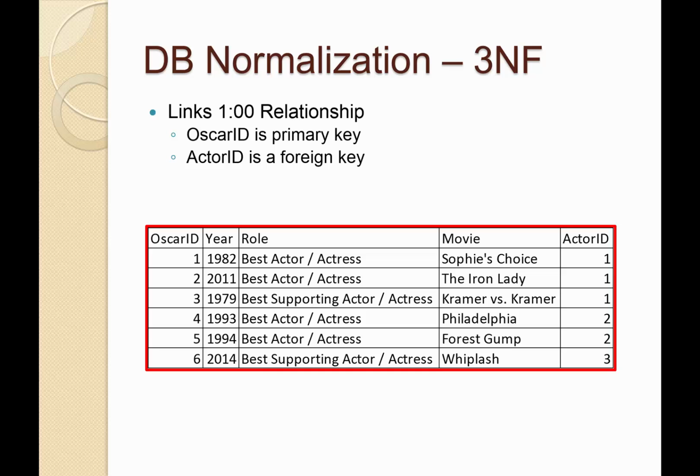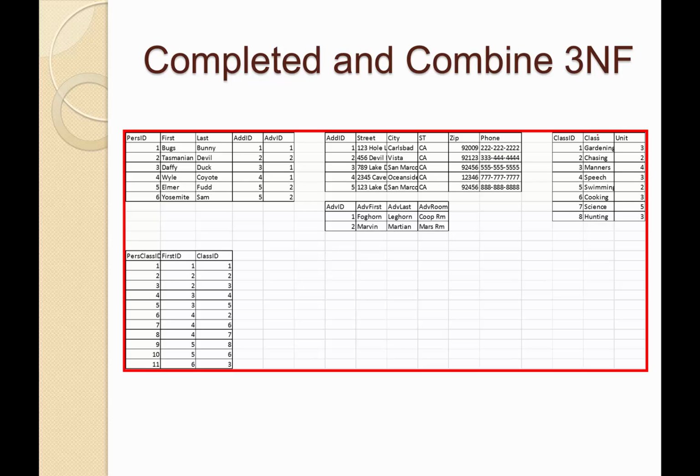Therefore, in a one-to-many relationship, you must have a copy of the primary key as a foreign key in the many table. So this is going to be the many table right here, and then actor would be the one table. But again, this is all explained in the next follow-on video.